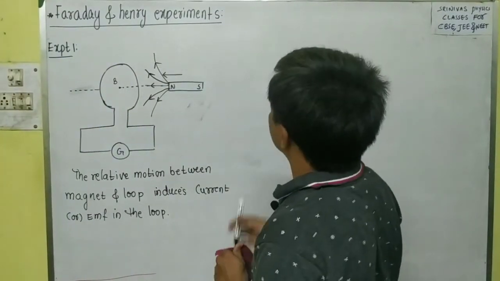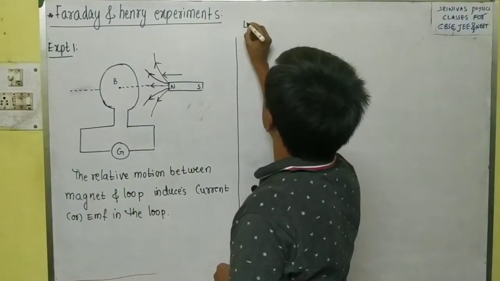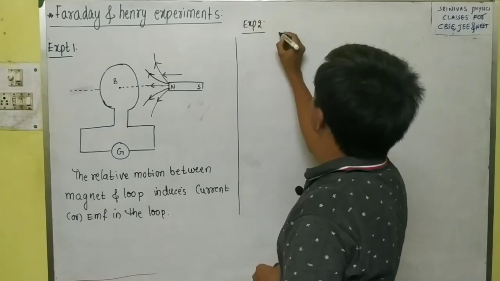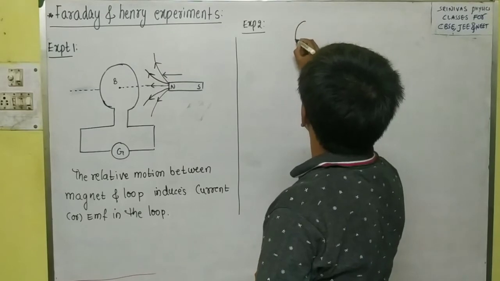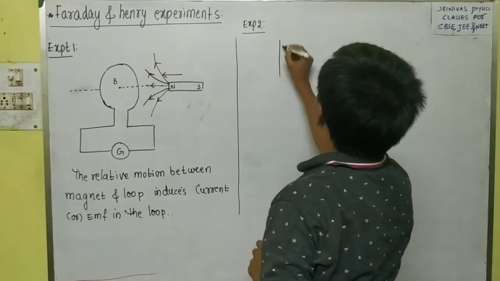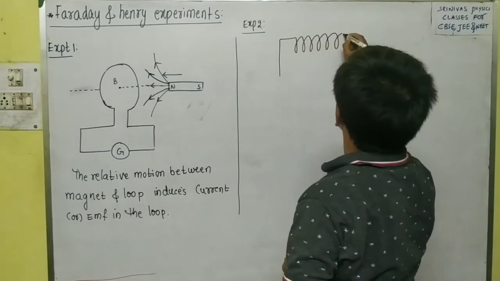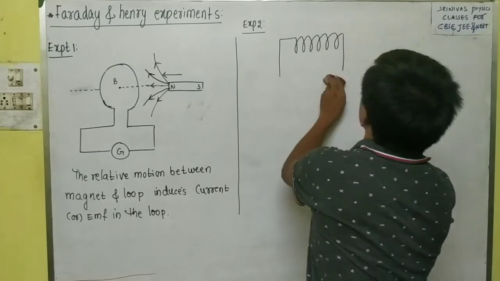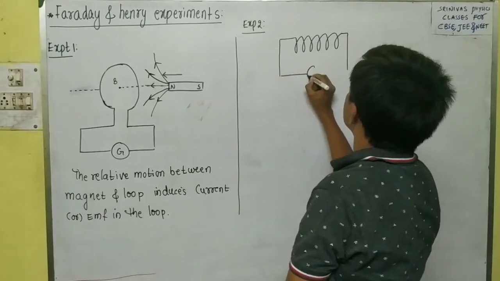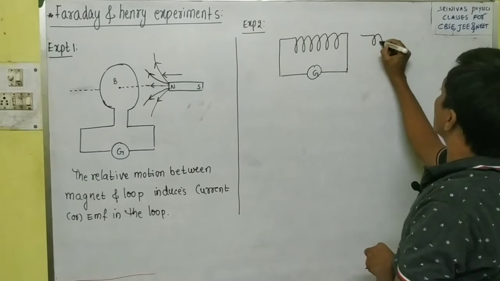Now here, what they did in experiment 2 is this: this is a coil. It has the galvanometer, and this is another loop.